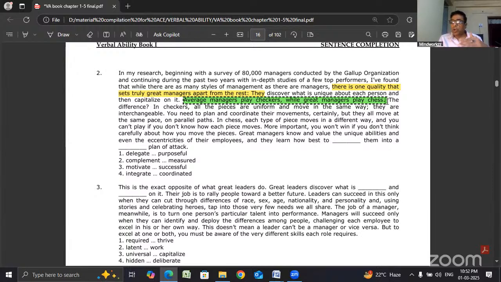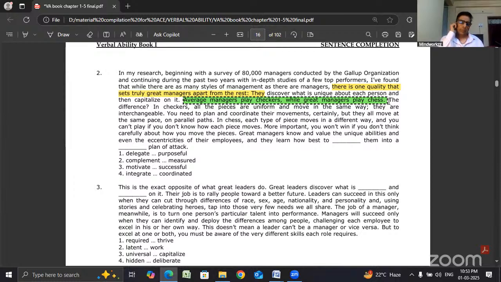Are you supposed to understand this line? From the reading comprehension point of view, from the CAT examination point of view, if they ask you what the author means by average managers play checkers while great managers play chess, can you answer this question on the basis of information provided till here?